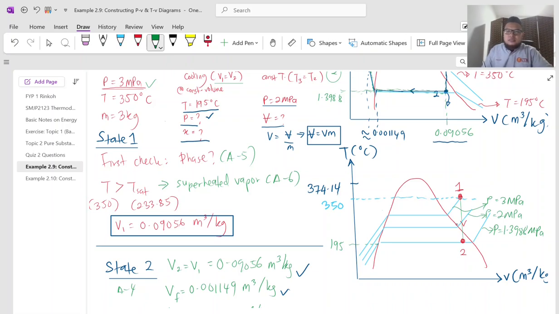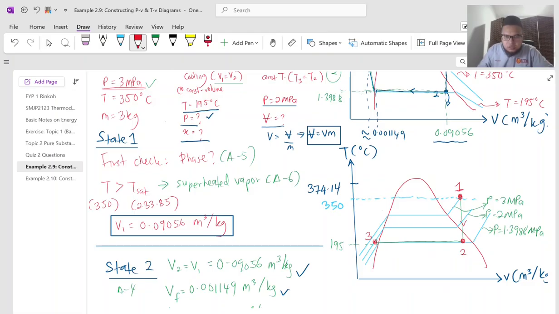At state 3, your fluid goes from state 2 to state 3 at constant temperature until it reaches 2 megapascals, which is that point there. Let me draw that with a red pen. That is state 3.